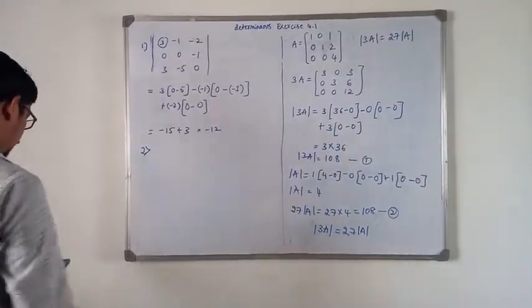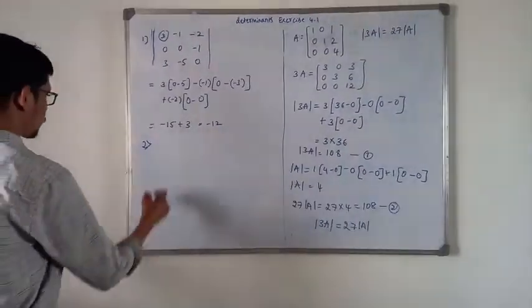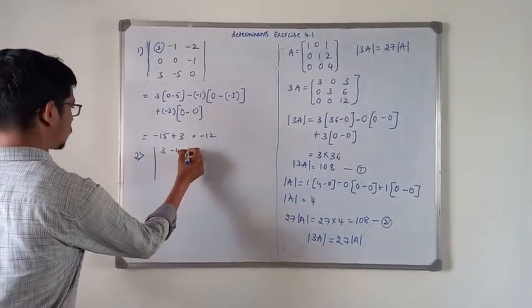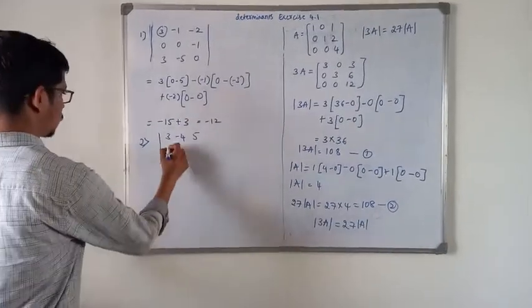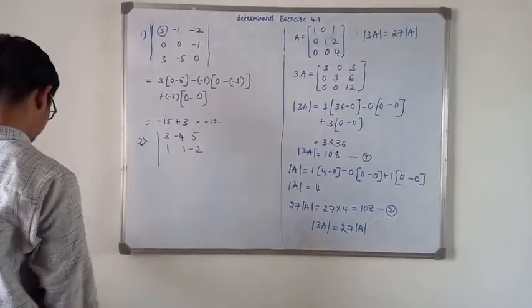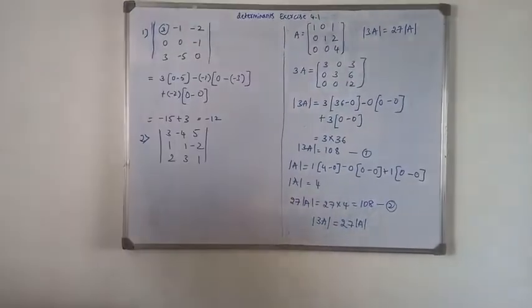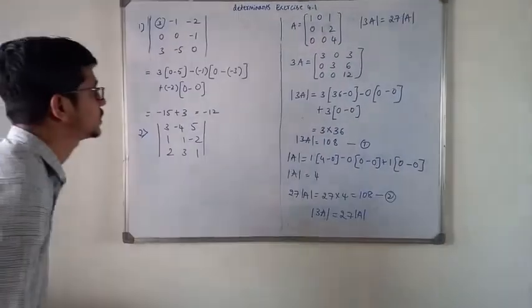Second question is given by the matrix with rows 3 4 minus 4, 5 1 1, minus 2 2 3 1. Let us find the determinant of this matrix.